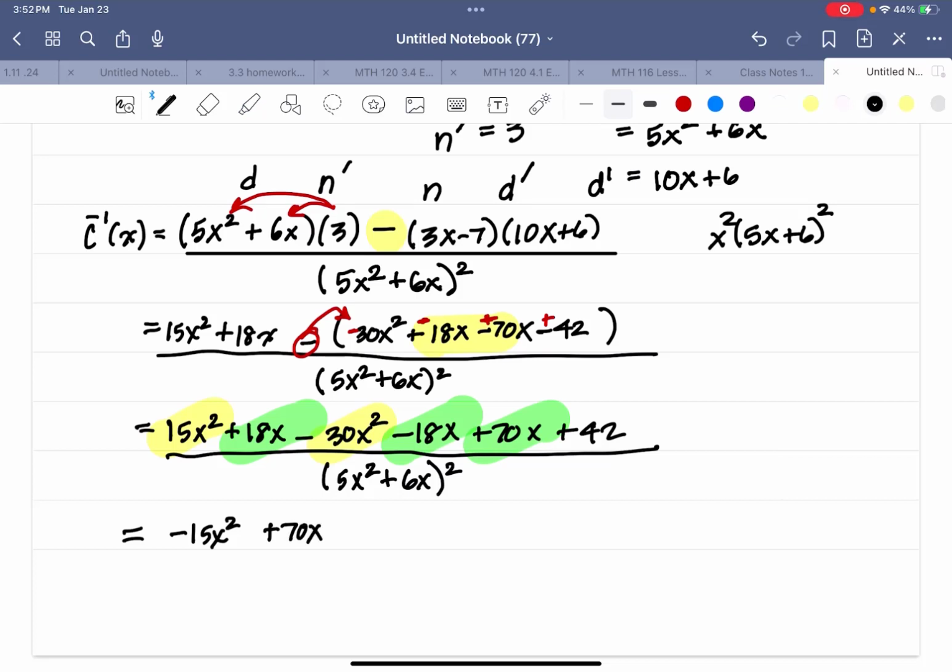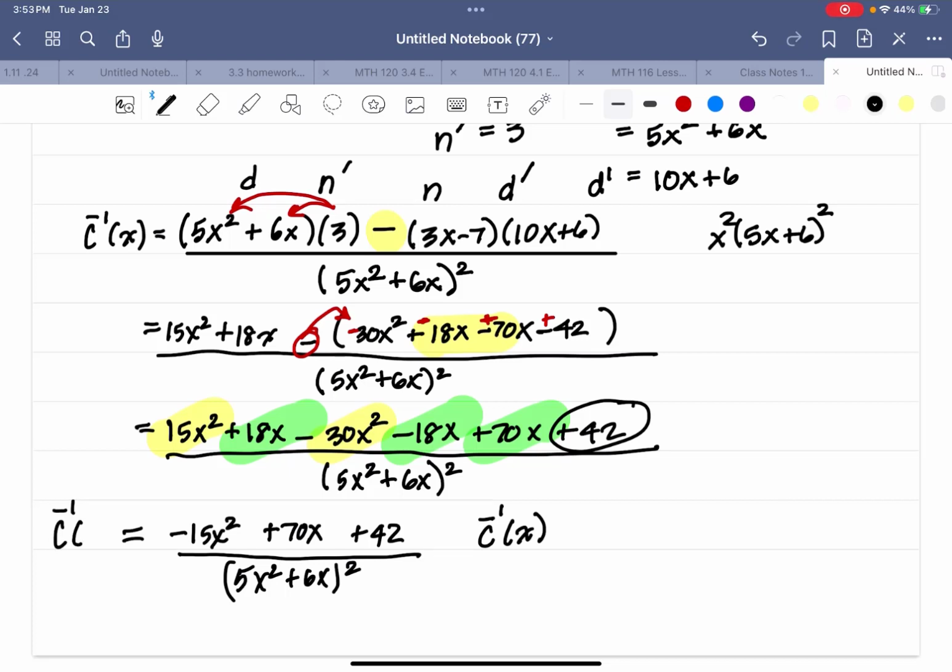And then I have a 42 on the end, so plus 42. All of that is over 5x squared plus 6x quantity squared. And so this is C bar prime of x. This is the rate of change of the average cost.